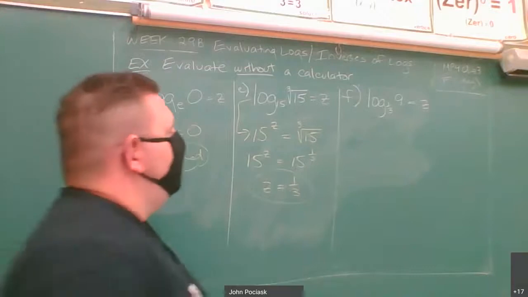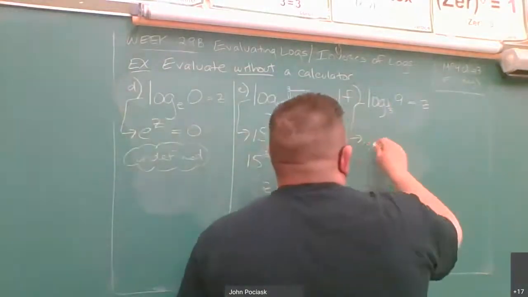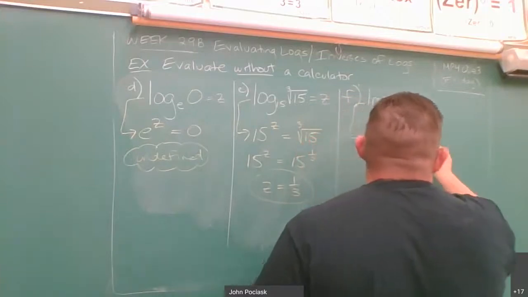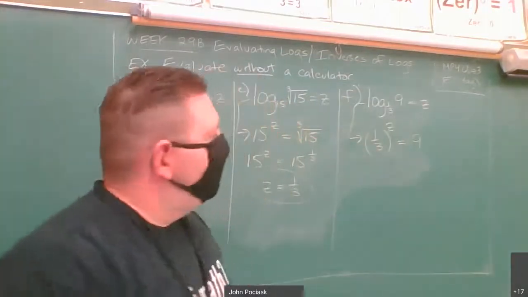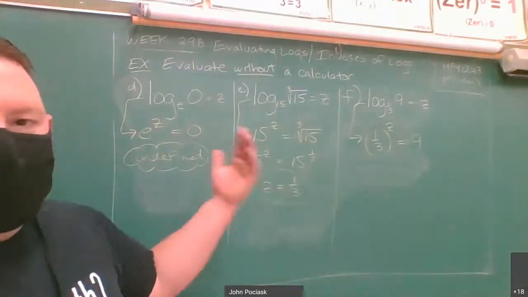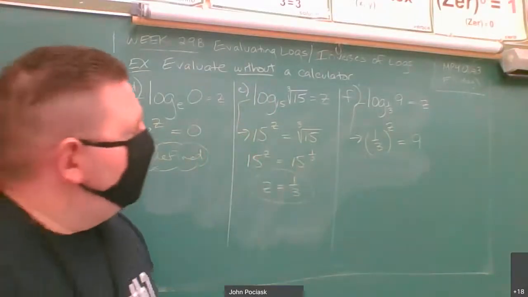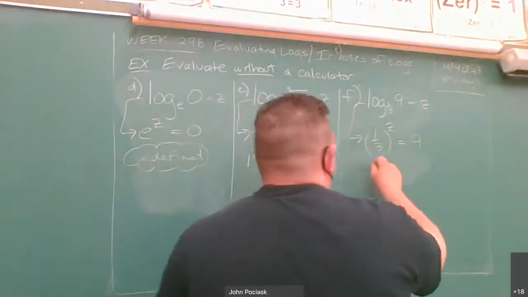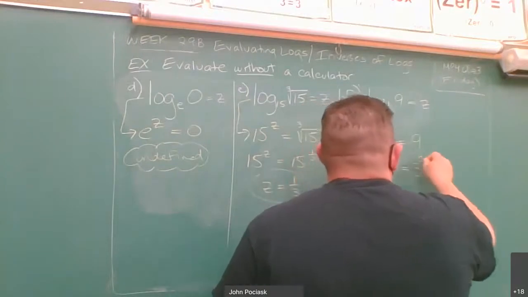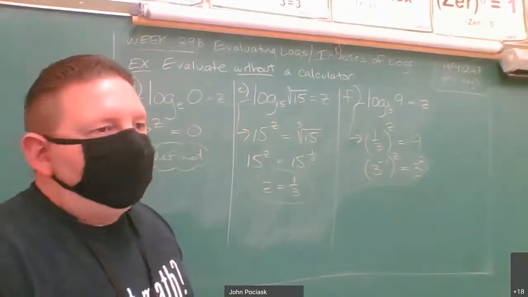The last one, translate it. I get 1/3 to the z power equals 9. So both sides are powers of 3. 1/3 is 3 to the -1, so I'll rewrite that. 9 is 3 squared.